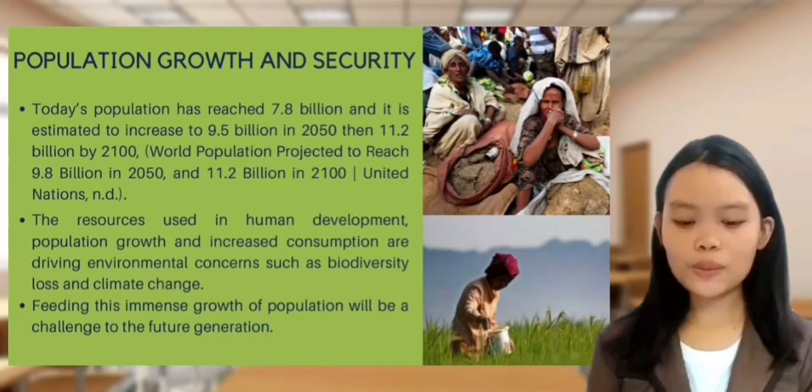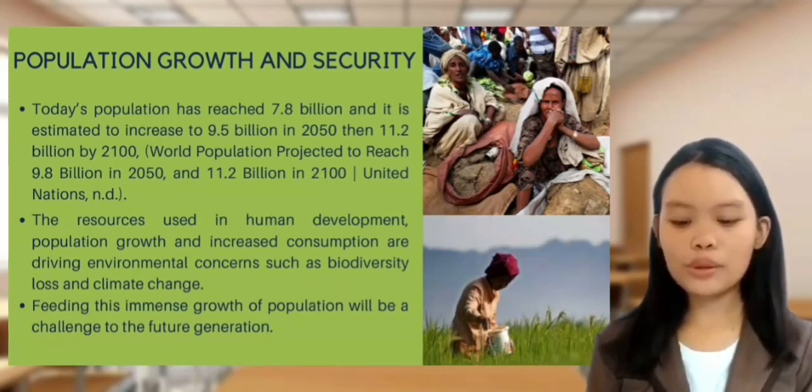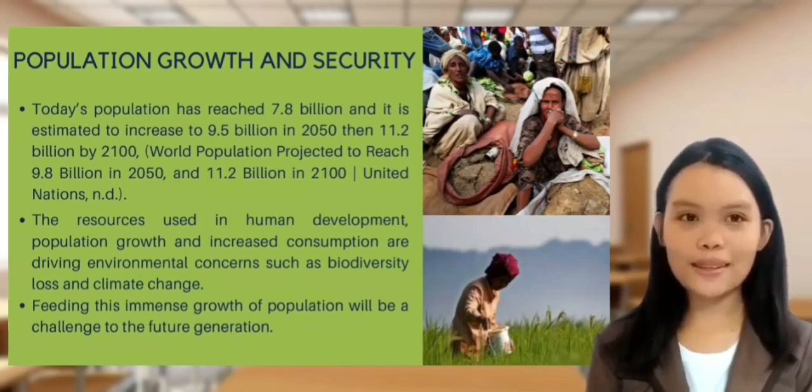World population is projected to reach 9.8 billion in 2050 and 11.2 billion in 2100, according to the United Nations. In addition, 90% of this population growth will happen in developing countries and is anticipated to continue, with projections of 8.6 billion by May 2030, 9.2 billion by May 2050, and 11.2 billion by 2100 per the United Nations.